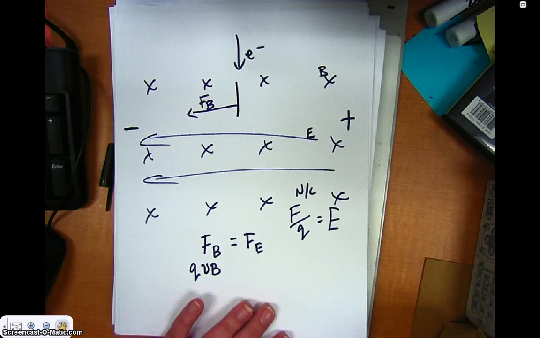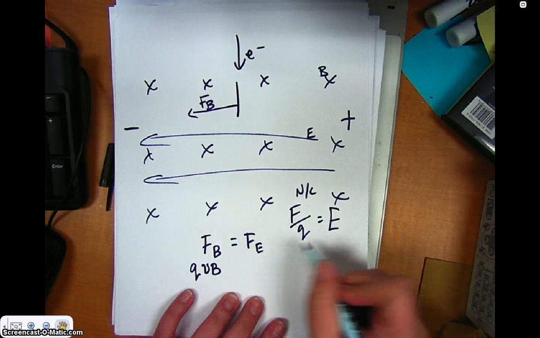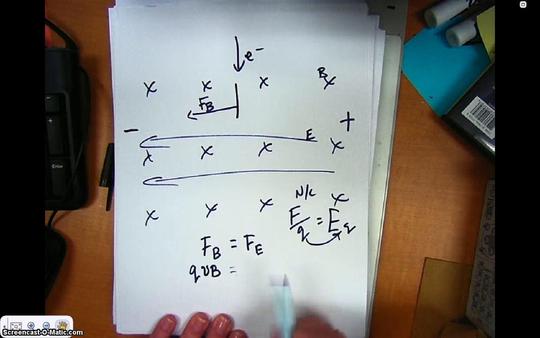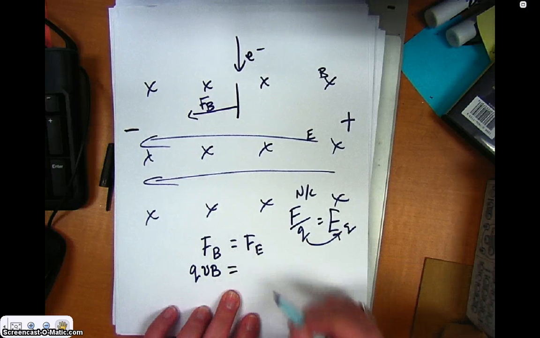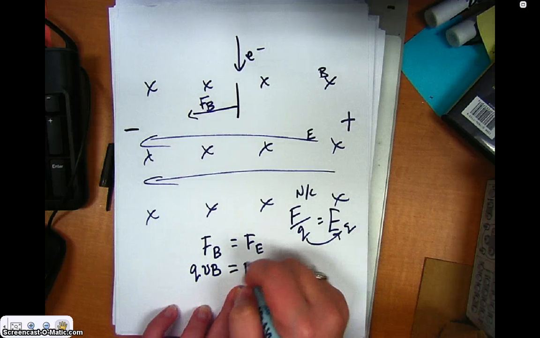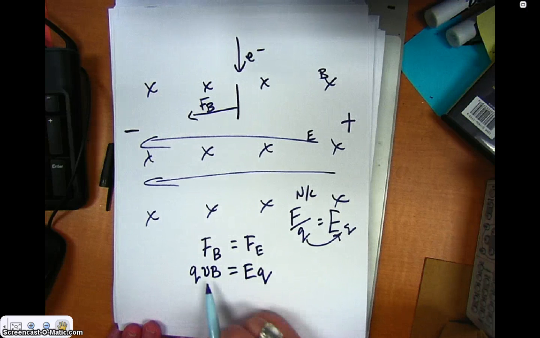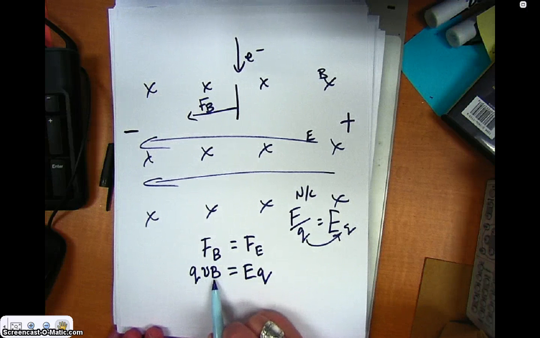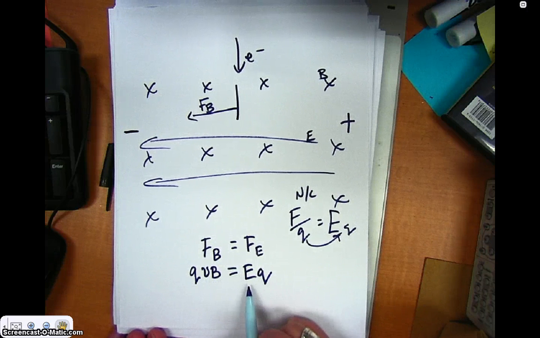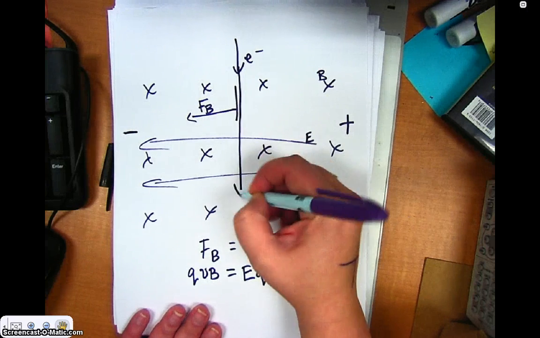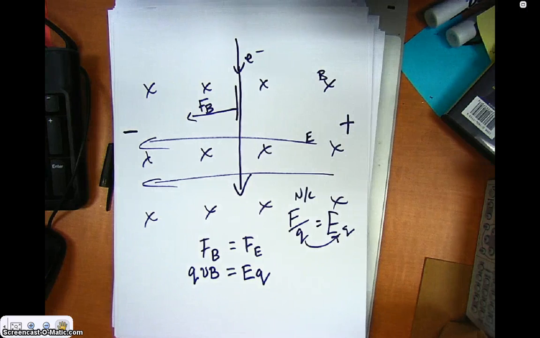So if we solve this for force, we just multiply by Q. I want the electric force to be equal to the magnetic force, so the charge times the velocity times the magnetic field would have to be equal to the electric field times the charge for the electron to fly straight through that field and not turn.